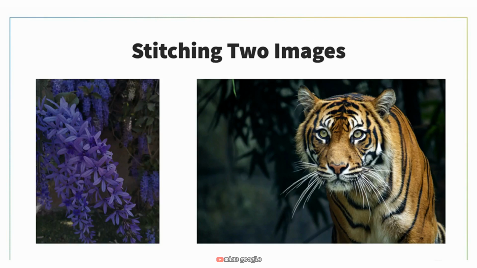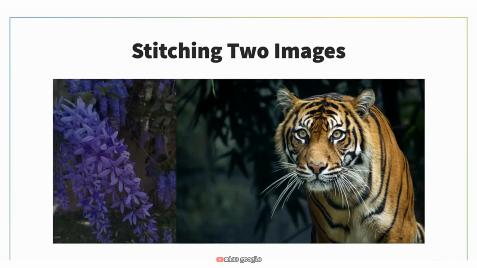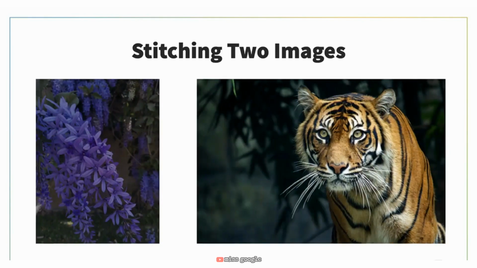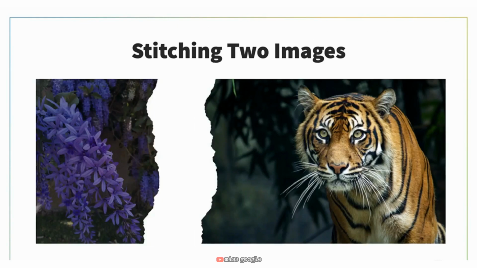One way to stitch these two pictures together is to simply put them one next to the other, like this. But as you can see, there's a vertical artifact that gives away the fact that these are two separate pictures. Instead, we can grab the two images and cut them in a very special pattern that minimizes the perceived changes in a seam, like this.